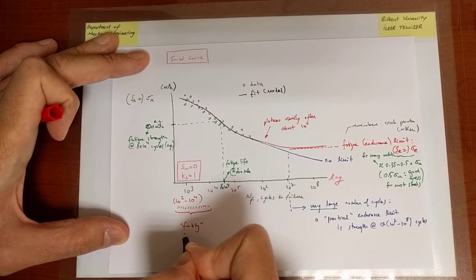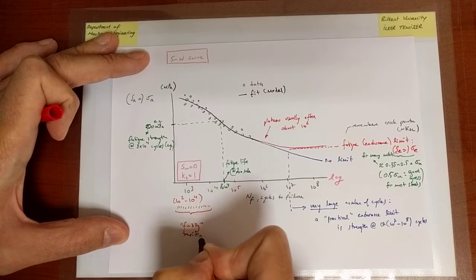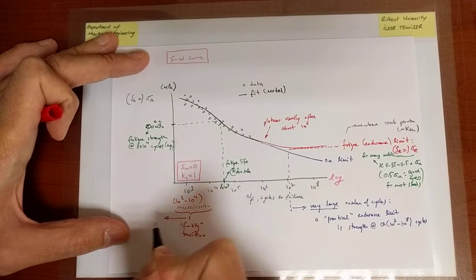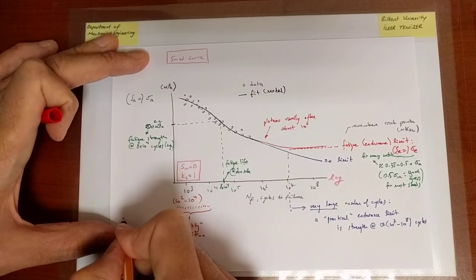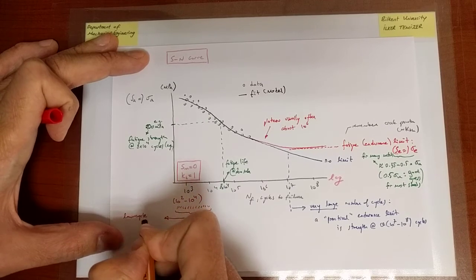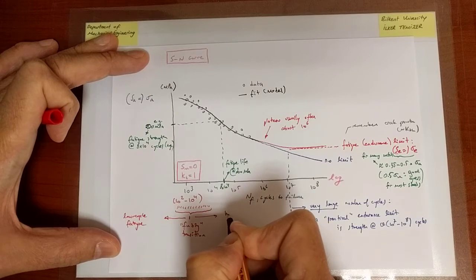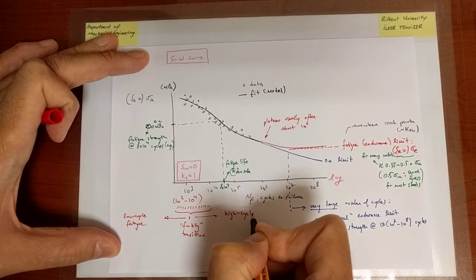So there's a fuzzy transition from what we call low cycle fatigue to high cycle fatigue.